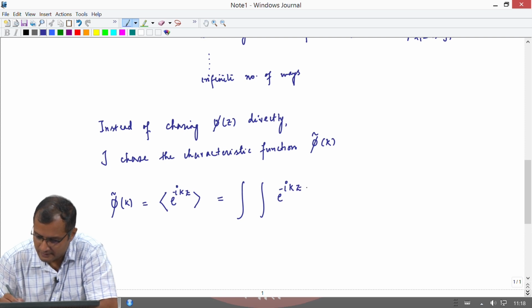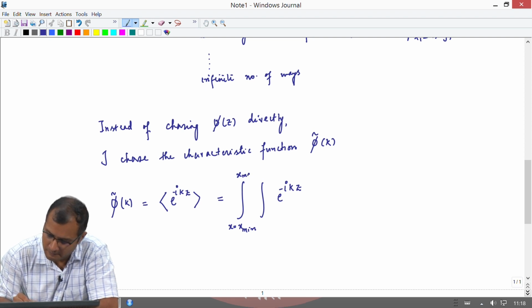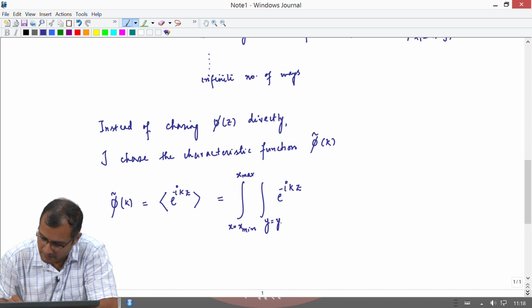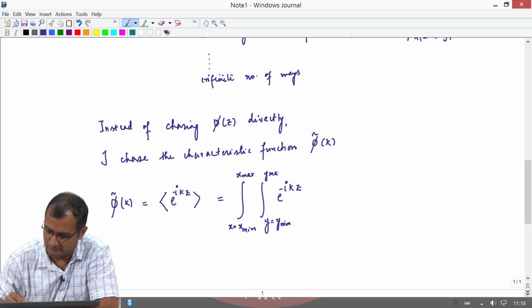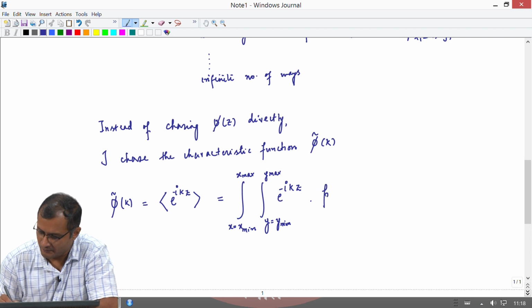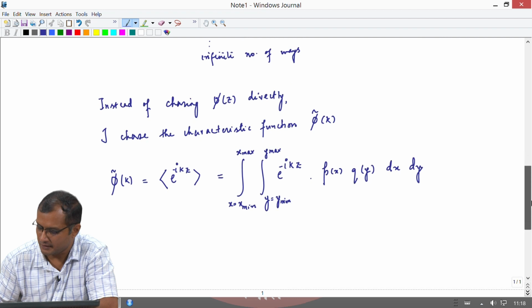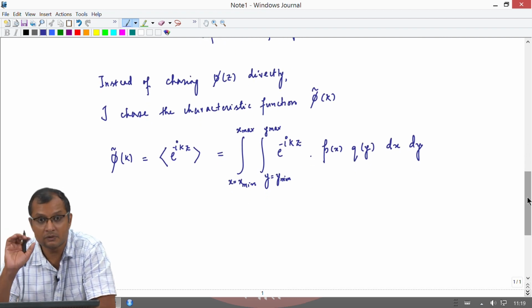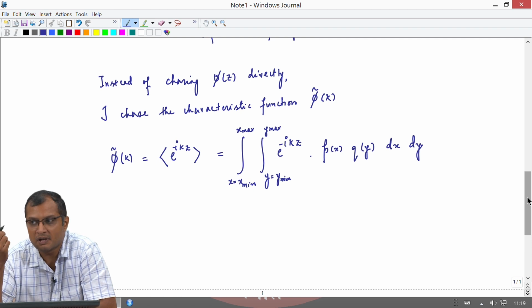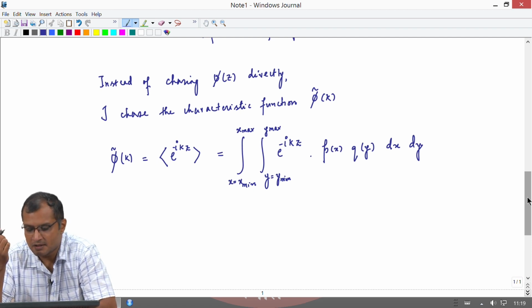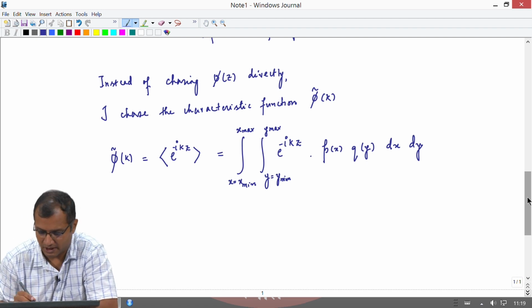So, I will take x going from x minimum to x maximum and y going from y minimum to y maximum, p of x q of y dx dy. Fine, because this is the joint distribution of x and y, and I am simply weighing e raised to minus i k z in that. This is like the two dimensional Fourier transform of p(x) and q(y).